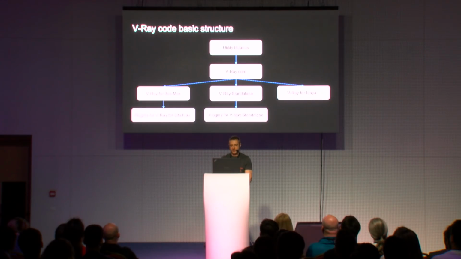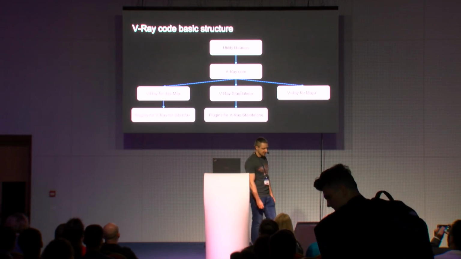So the VRay code is structured like this. We have a bunch of utility libraries for intersecting rays with various types of geometry, texture management, stuff that doesn't really require a renderer, but which a renderer can use to do its actual job. Then we have the actual VRay core, containing all the rendering algorithms.